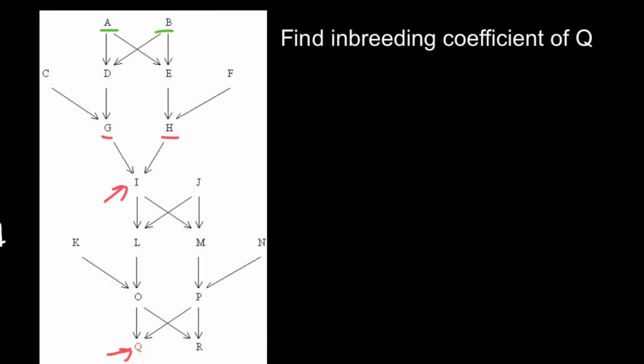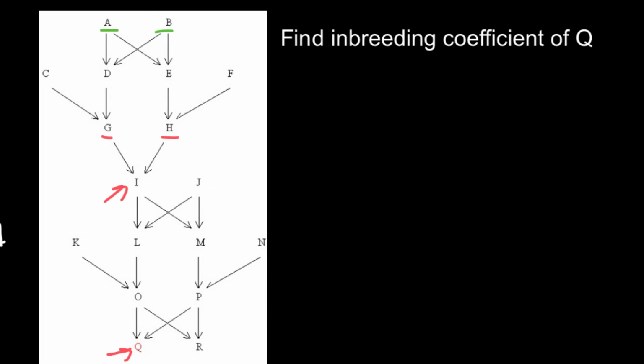Individual A would be, say, grandma, and individual B would be grandpa of individual G, and the same we can say about individual H. Both of these individuals here would be grandparents. So here we have two cousins.